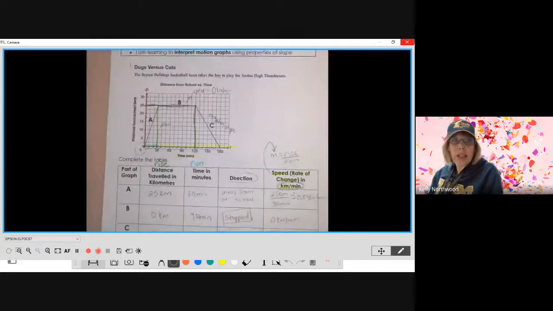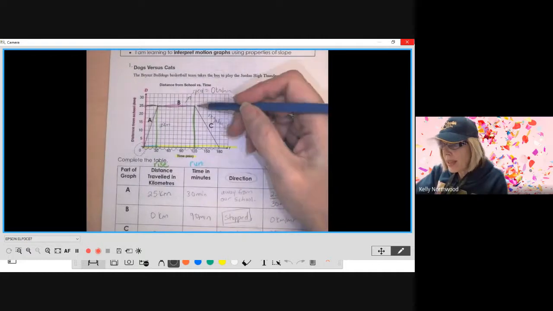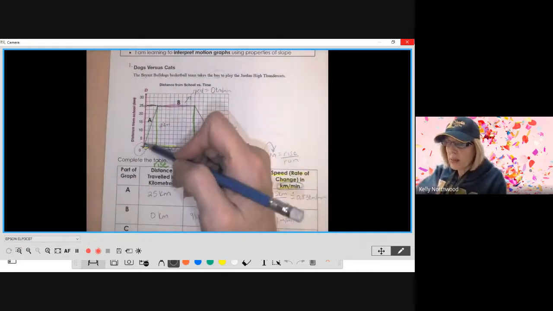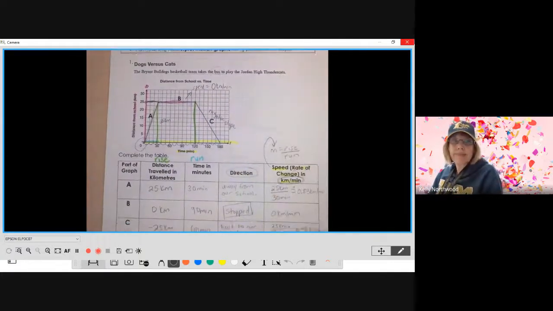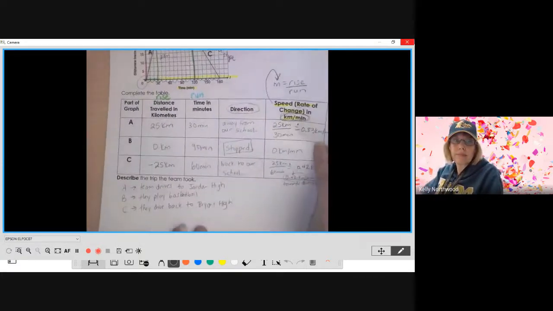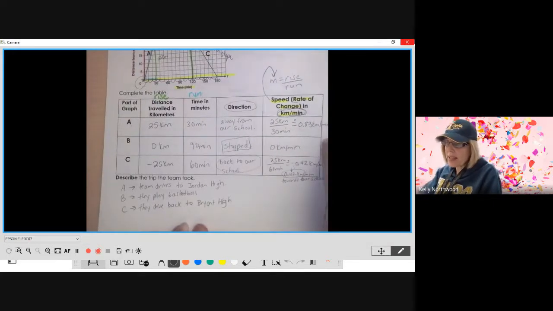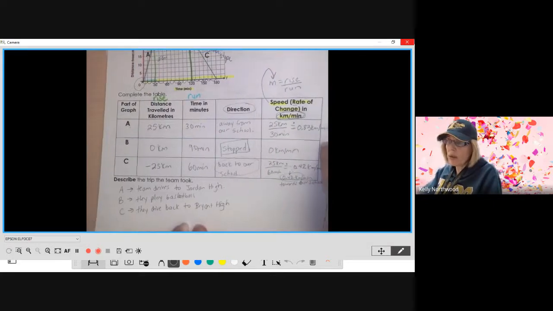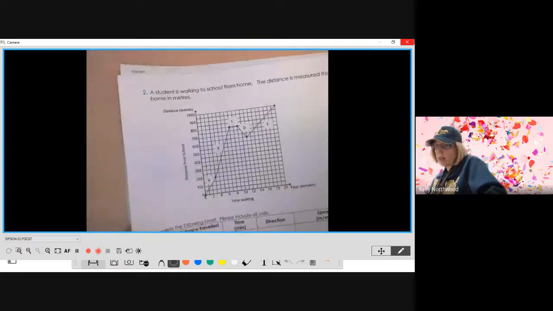And if you look at the picture, you can see that part A is steeper than part C, so you would expect that this was faster than this. So that's kind of the basics of a distance time question or a motion graph question. We'll go on to our next one.